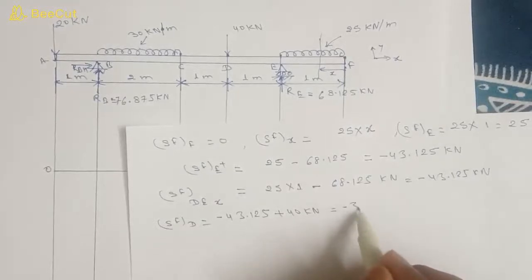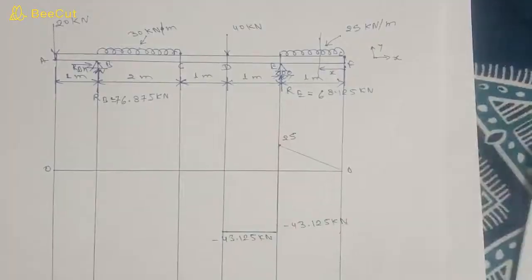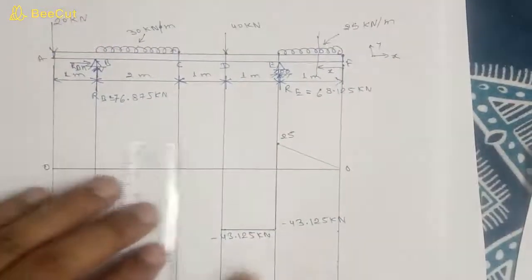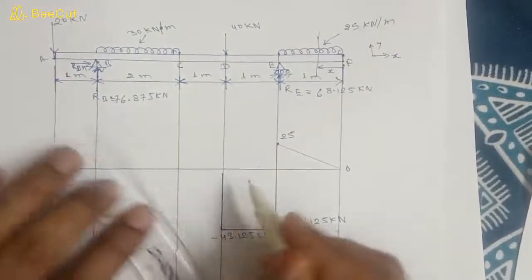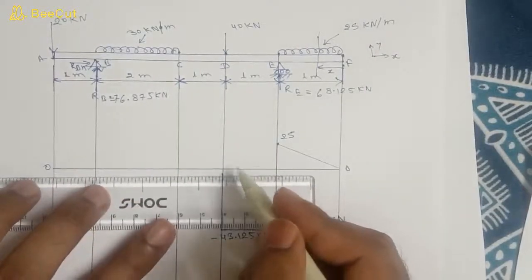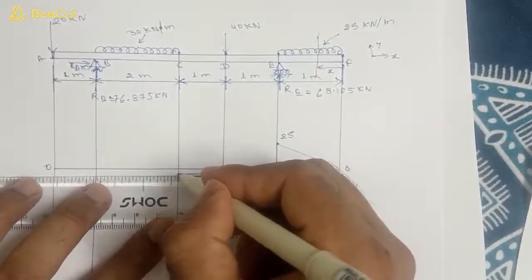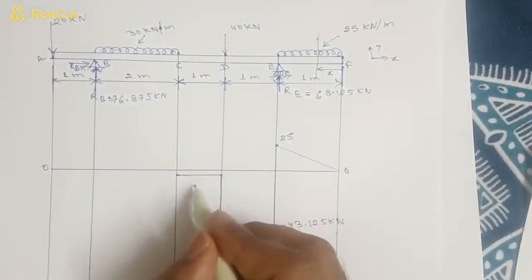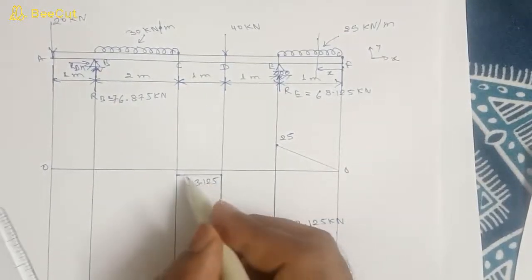So we will get minus 3.125 kilonewton. There is no other load, so it will be constant up to here. So this is minus 3.125 kilonewton up to here.